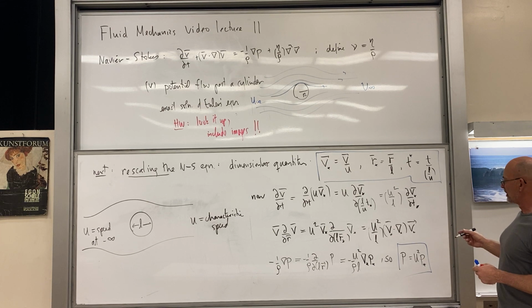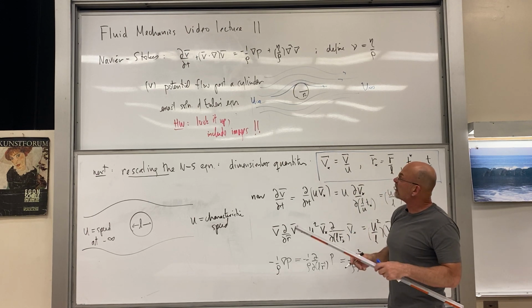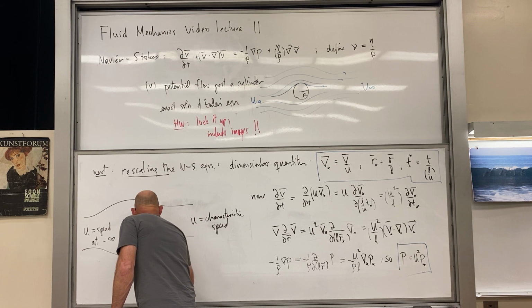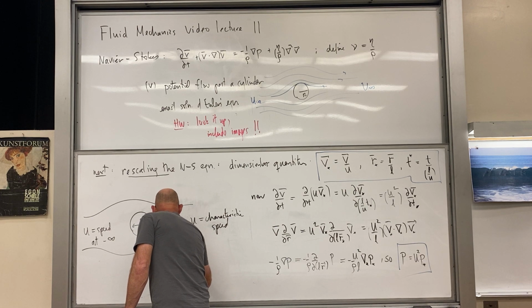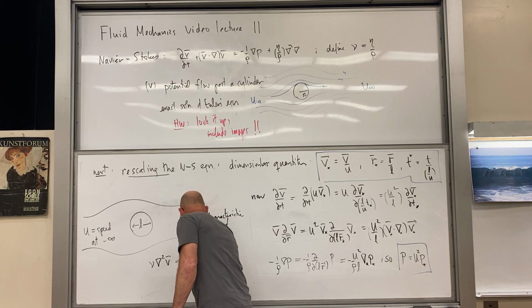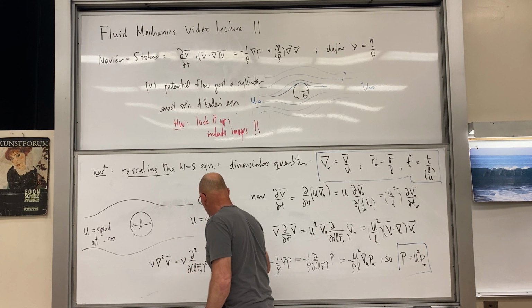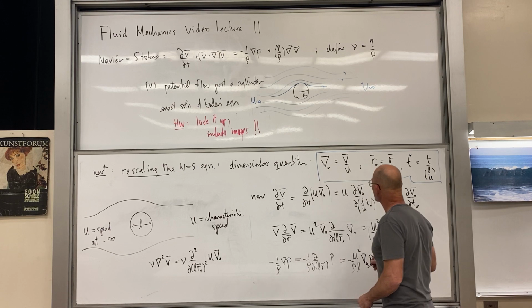Finally, I have room on this board. We need this last one: eta over rho, which we're already going to call nu. So nu del squared V: we have nu, and this we're again going to write as d squared over d(L R star) squared, and then U V star.